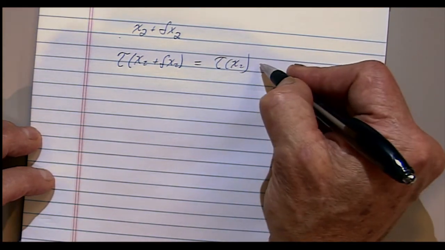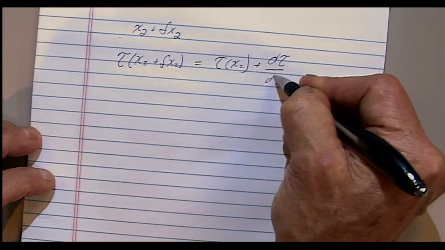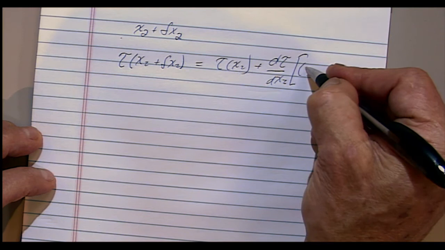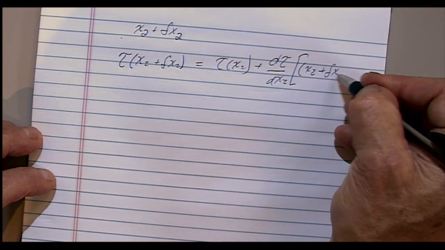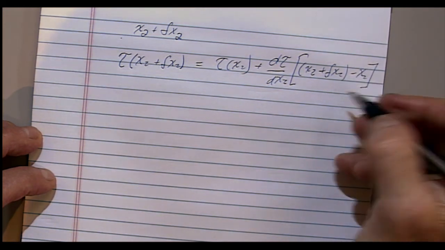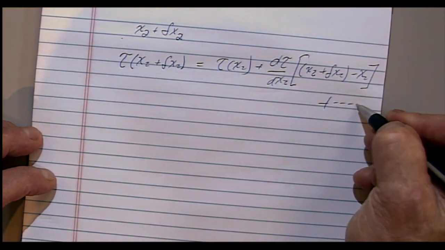So it's equal to the stress on the top surface plus the derivative of the stress with respect to x2 times the quantity x2 plus delta x2 minus x2, divided by 1 factorial, which is 1, and then plus higher order terms, which we're going to drop.